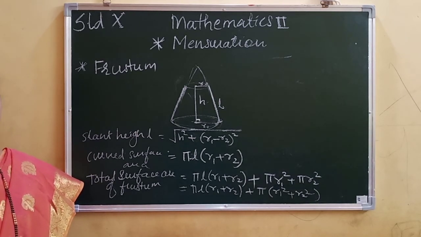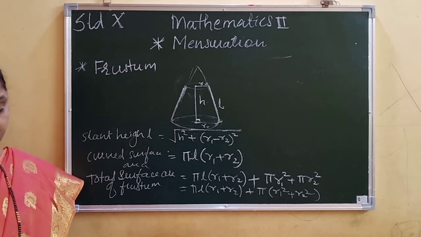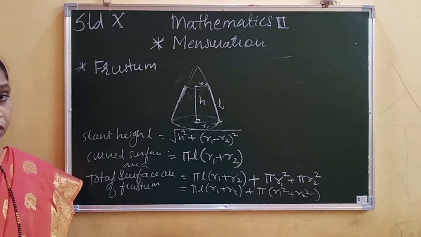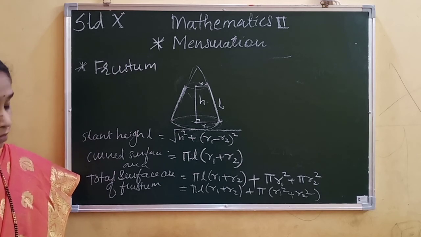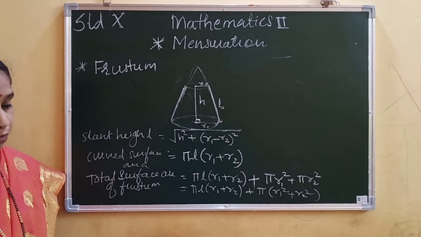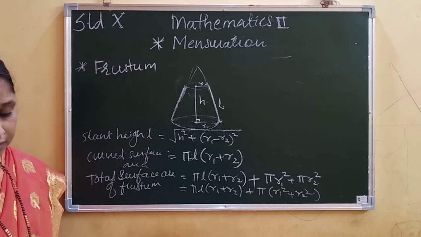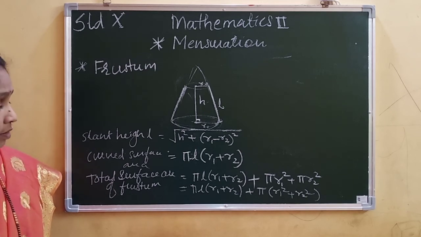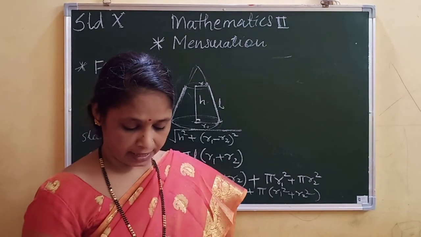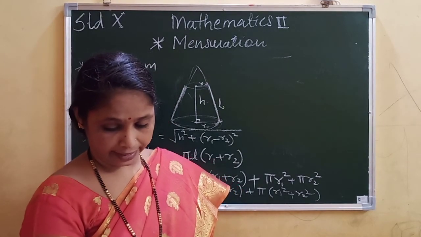Now we have to find out the volume of the frustum. What is the volume of the frustum? The volume of a cone is 1/3 pi r square h.